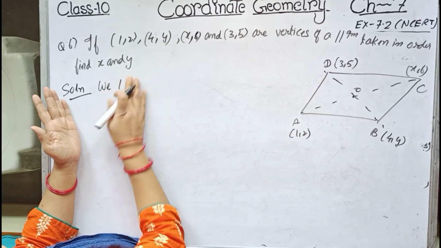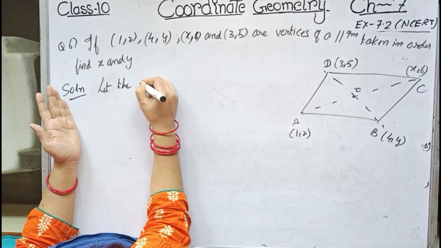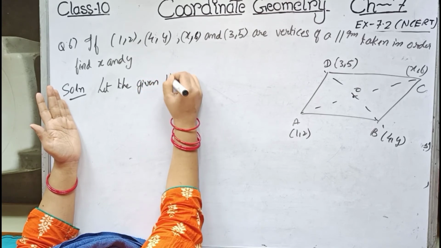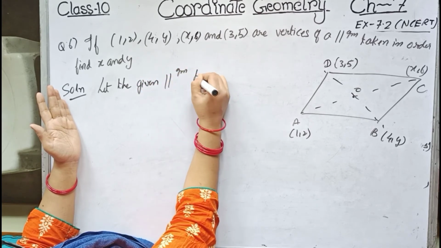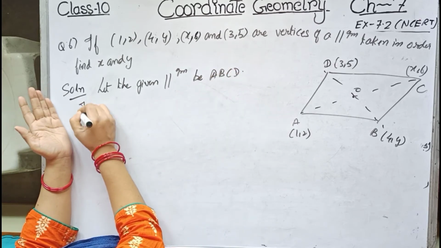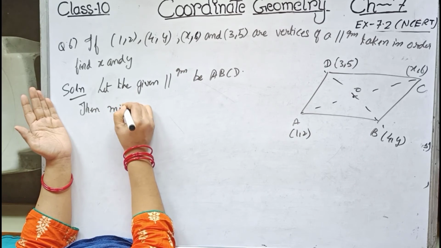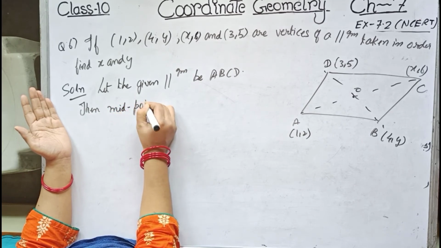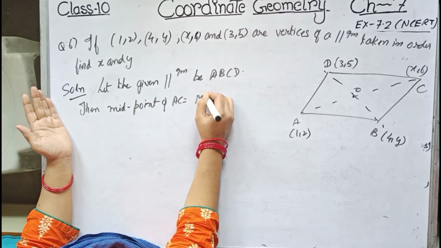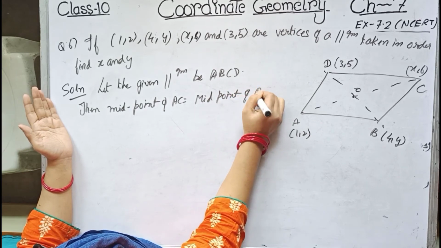Let the given parallelogram be A, B, C, D. Then midpoint of AC equals midpoint of BD.